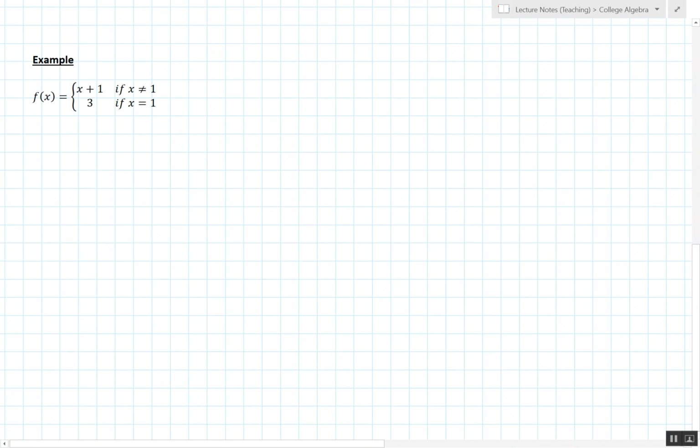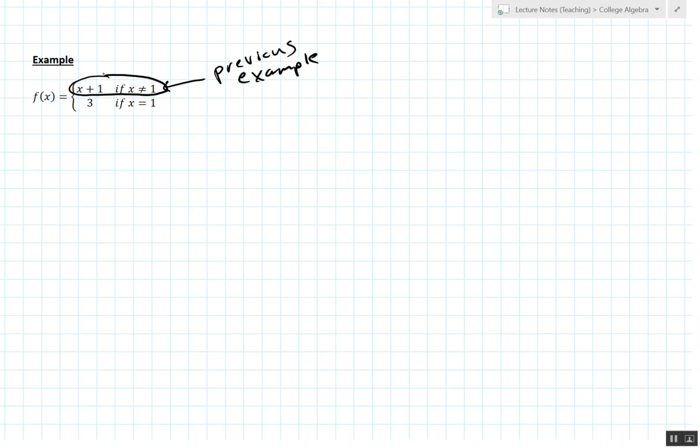So it's the same function as before, written in the compact version, which is typical. So x plus 1 when x is not equal to 1. But then we're going to say the y-coordinate is 3 when x is equal to 1.